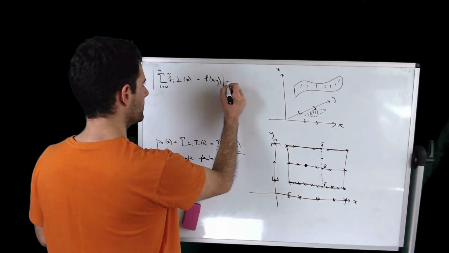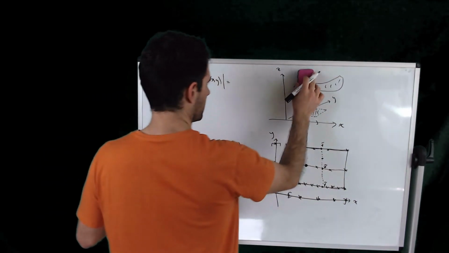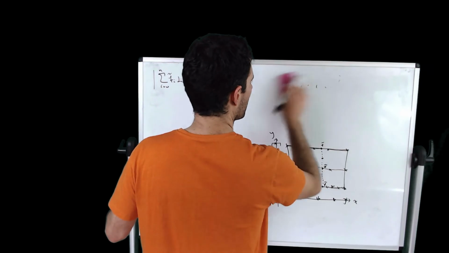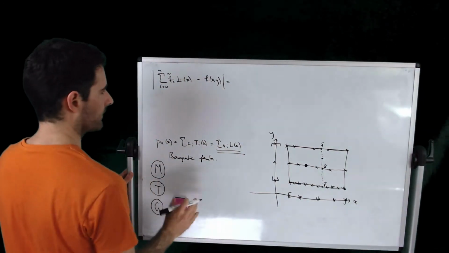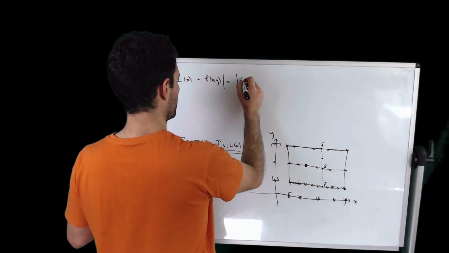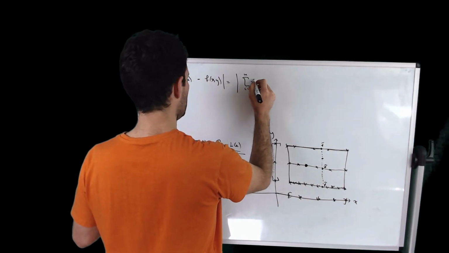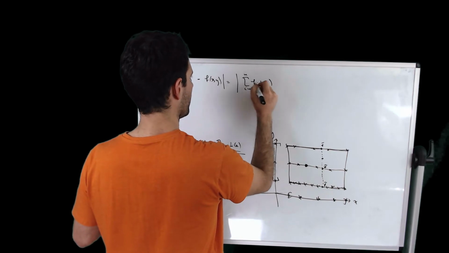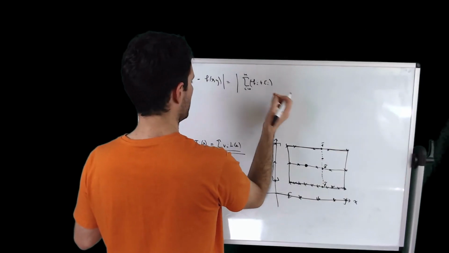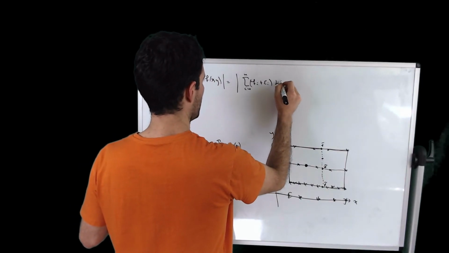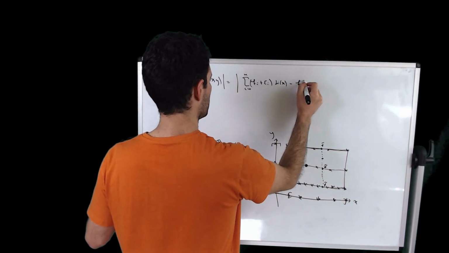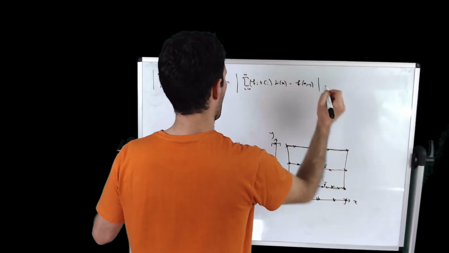So essentially, this is going to be equal to, I'm going to remove this picture as well. It's going to be equal to the sum of the fi's plus some error that you have at that particular point that we're going to denote by epsilon i. You're going to have here Lagrange polynomials minus f of x comma y.